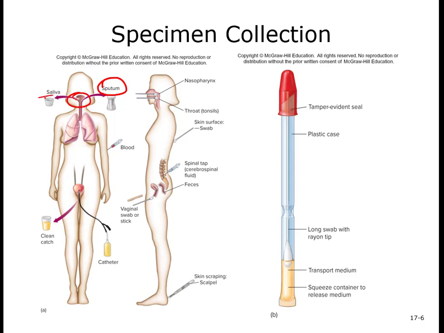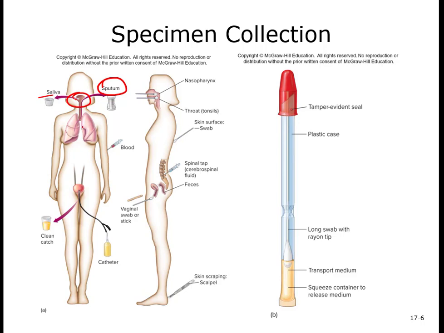So how do you differentiate normal flora bacteria from the pathogen? You might have to have the patient brush their teeth or swish with some type of mouthwash prior to sample collection to try to eliminate as much contamination as possible. You'll never eliminate all of it.